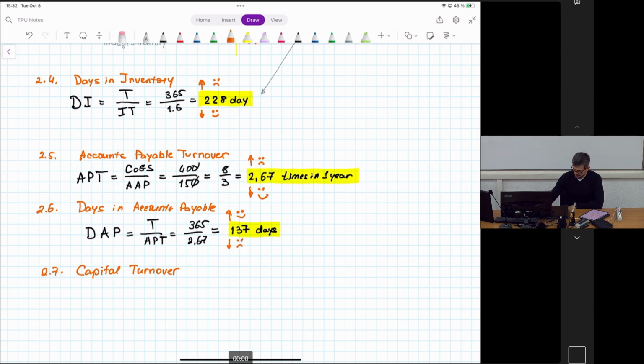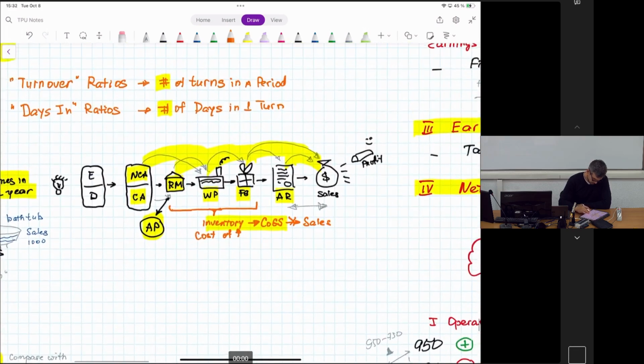The idea of capital turnover can be shown on this picture.